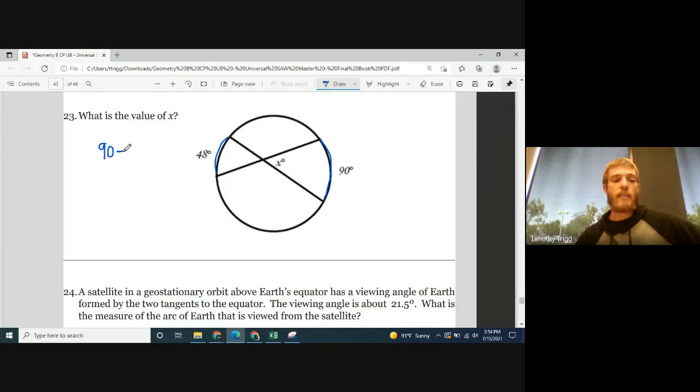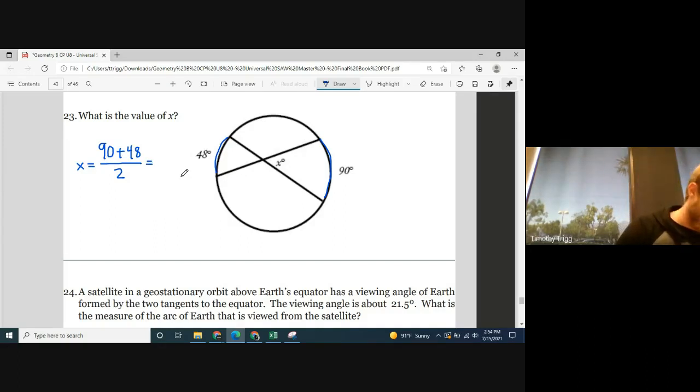The way you find average of anything is you add them up and divide by how many there are. But in this case, there's only 2 items. So to find the average between them, you simply add them up and divide by 2. So that gives me that the measure of angle x is 69 degrees.